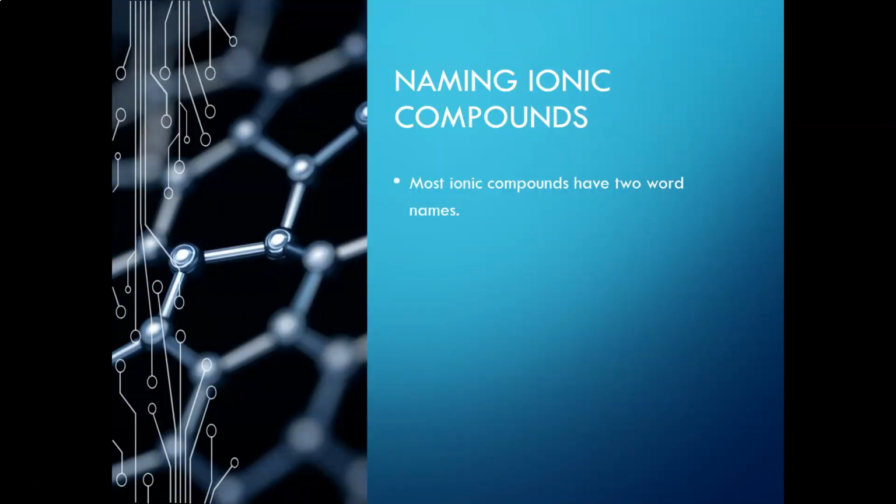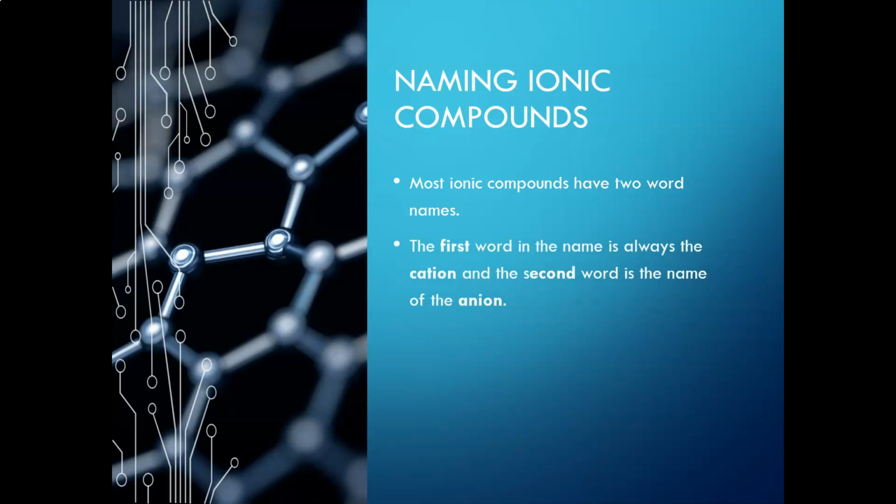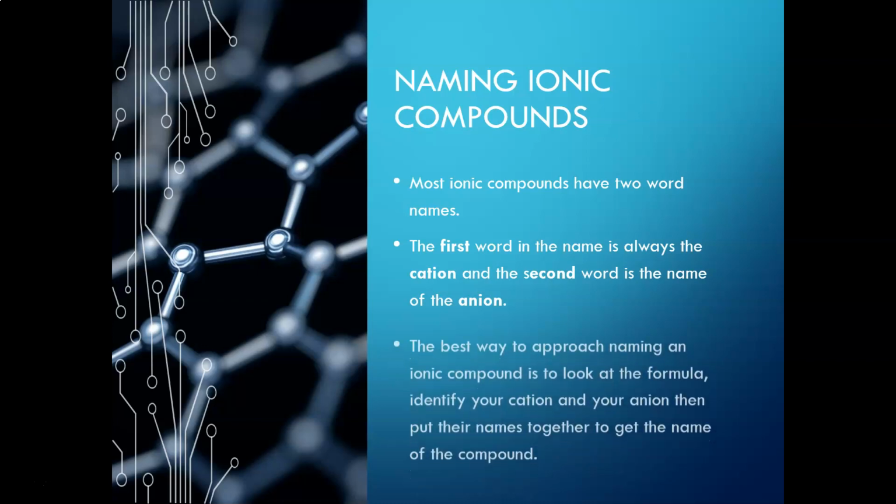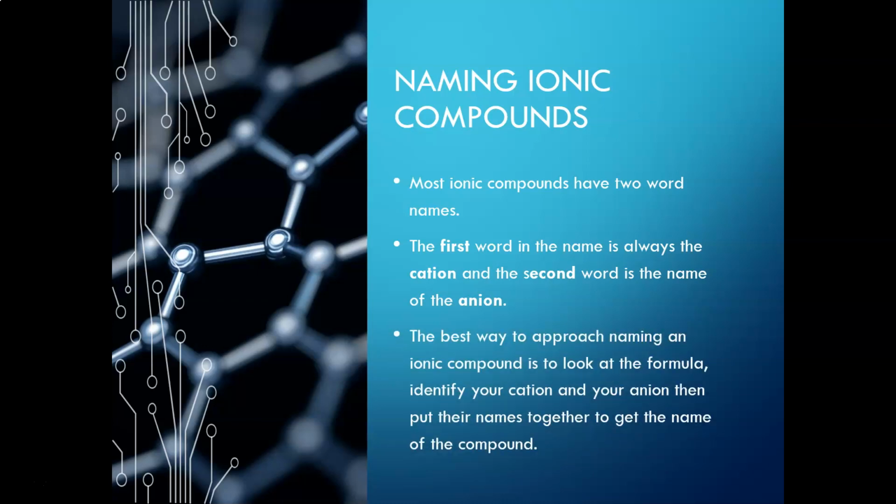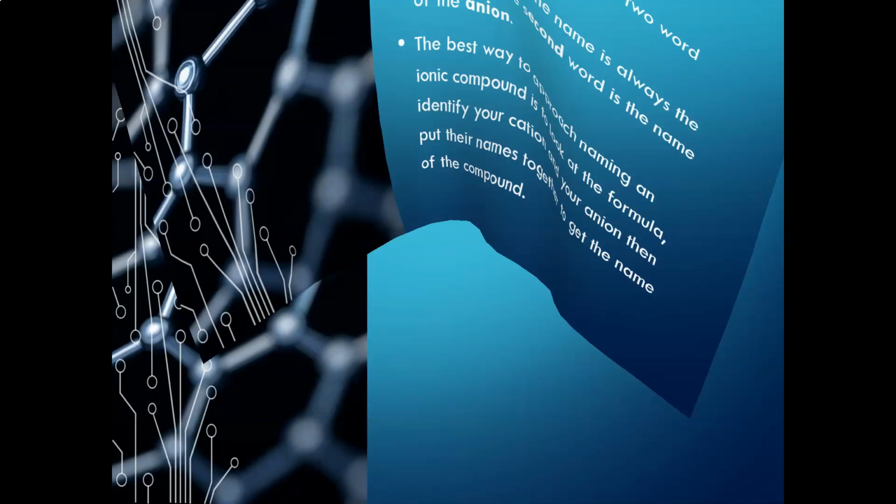Most ionic compounds have 2-word names, like aluminium oxide that we just had. The first word is always the name of the cation, so the metal. The second word is always the name of the anion, so the non-metal. The best way to approach naming an ionic compound is to look at the formula to identify your cation and your anion, and then put the names together to name that compound.